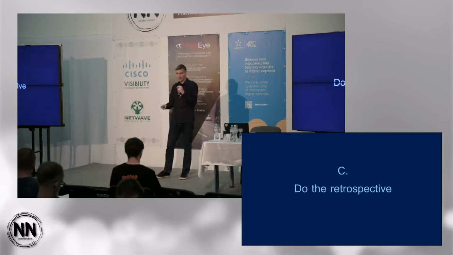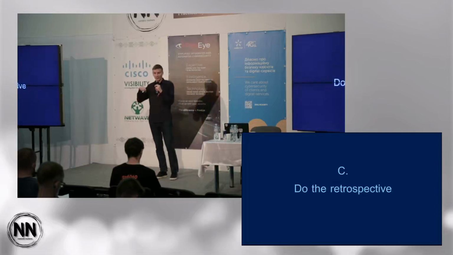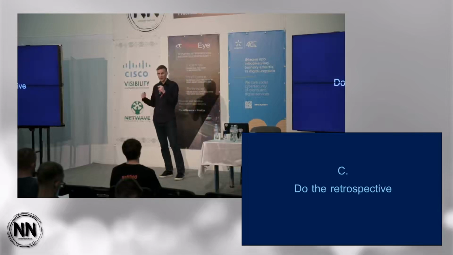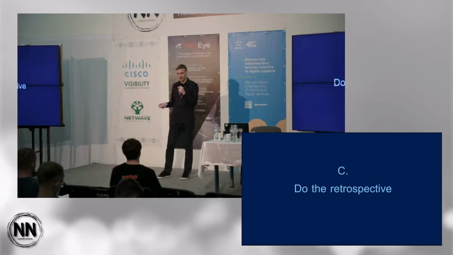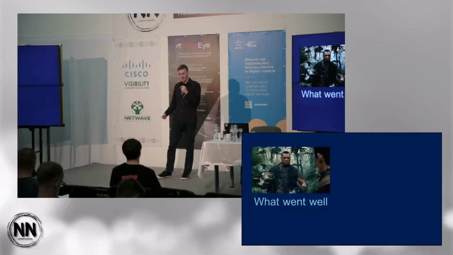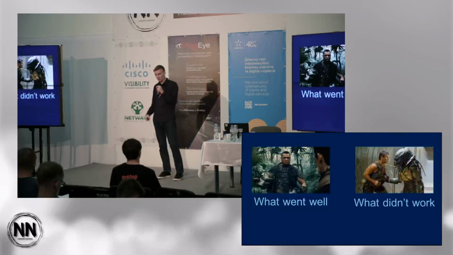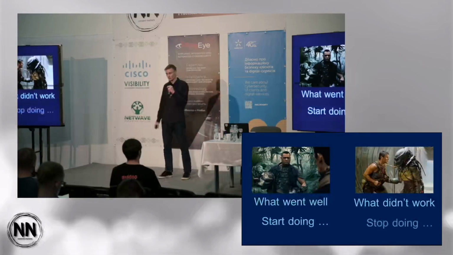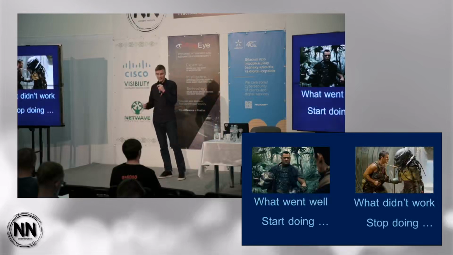And the last thing, do what I'm doing here now. This talk is like the presentation of a big retrospective with the very different pen testing teams we had experience with. The retrospective just asks them questions. What in the pen test went well? What didn't work that well? What should you start doing, what should you stop doing, and the same applies to them.